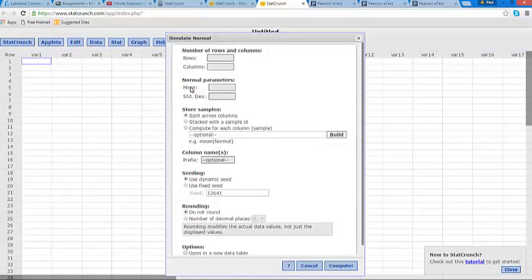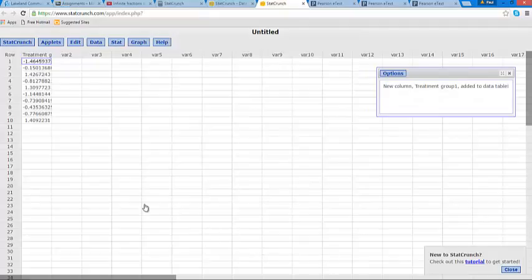It's going to ask how many rows, how many columns. Well, we're supposed to do 10 rows in the first column. Mean 0, standard deviation 1. And that's pretty much it. Column name, I'll just leave it. Well, no, I'll go ahead and do this. This is optional, but I'll say that this is the treatment group. Compute. And so it gave me some data.